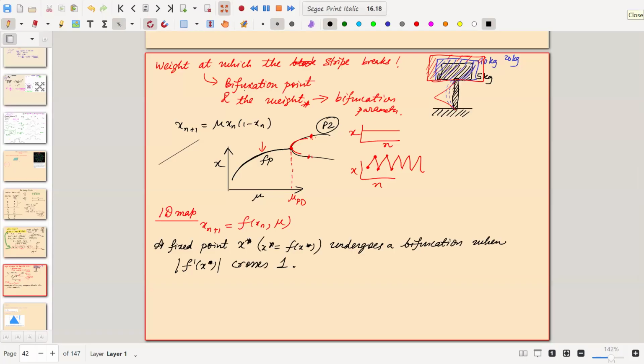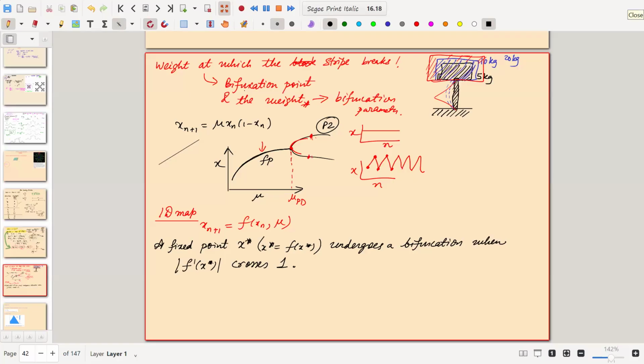The moment they cross 1, a bifurcation happens. But remember, for 1D maps you only need the derivative, no eigenvalue. In higher dimensional maps you have a matrix, and therefore the concept of eigenvalue comes, and eigenvalues play a critical role in deciding the bifurcation. Got the idea? But today's class is all about 1D maps and their bifurcation.